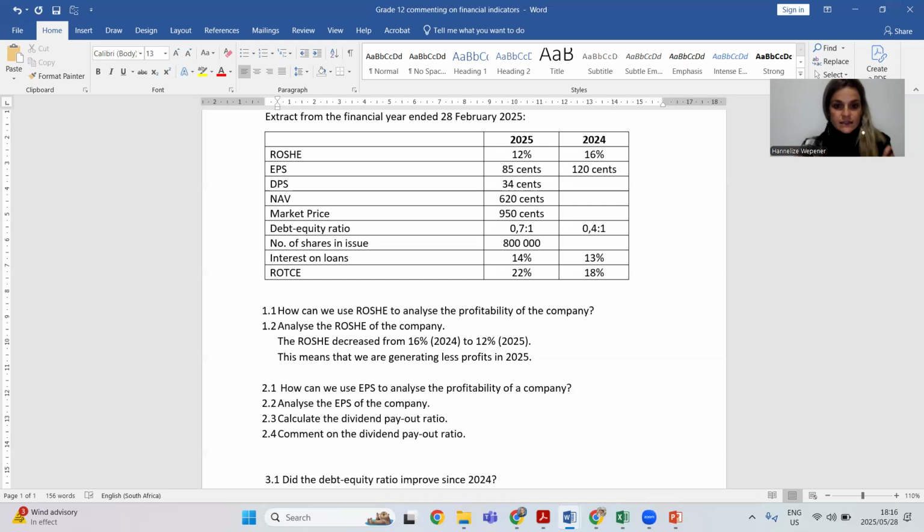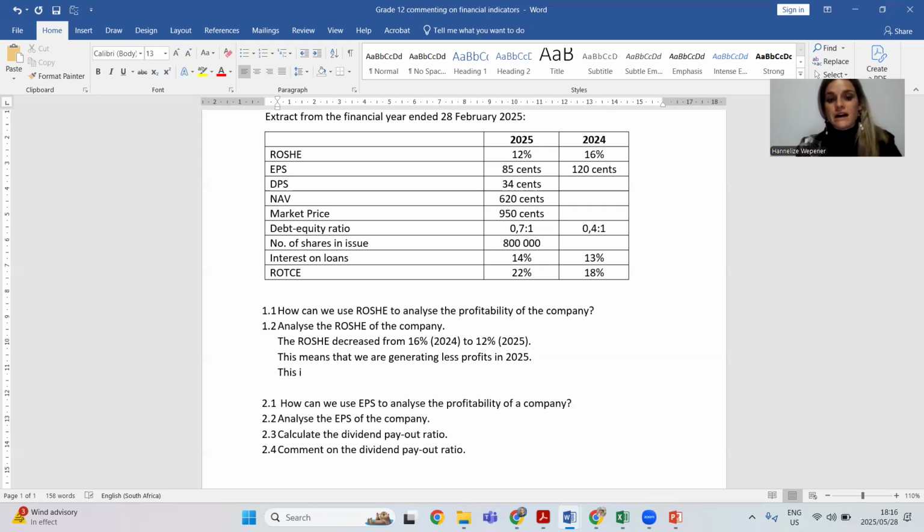And we can see that by looking at ROSHE, that is now 12% and no longer 16%. This is also above the interest rates offered by the banks. So this is lower than the 14% interest offered by banks.